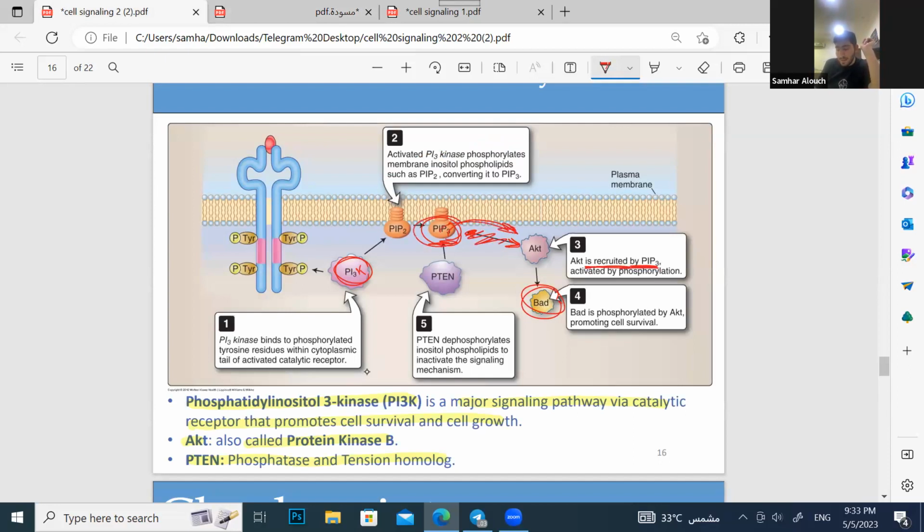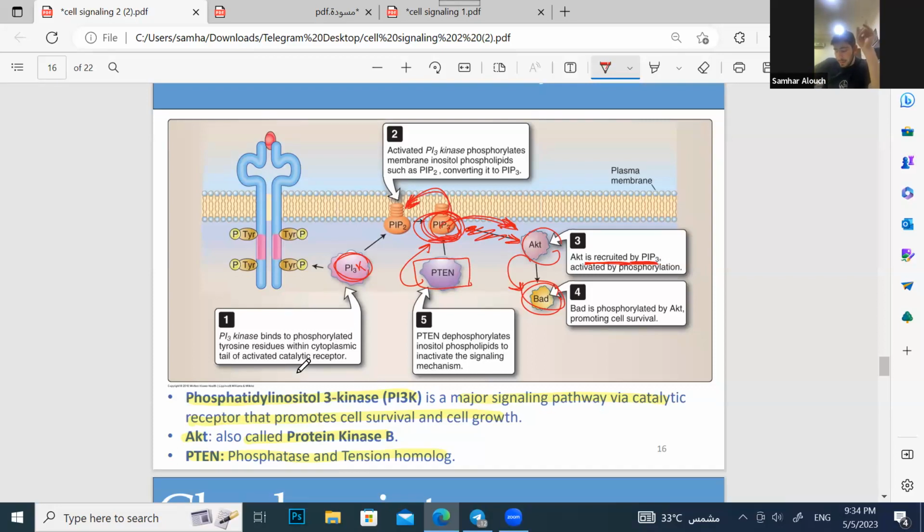PIP3 can go and phosphorylate AKT, and AKT activates BAD, and BAD does the following actions. Okay, and one last thing to mention, PTEN can go to PIP3 and convert it back to PIP2 to inhibit the whole thing. How does it convert it back? By a phosphatase action, which is dephosphorylation. So PTEN is a phosphatase that converts PIP3 to PIP2 to end the reaction.